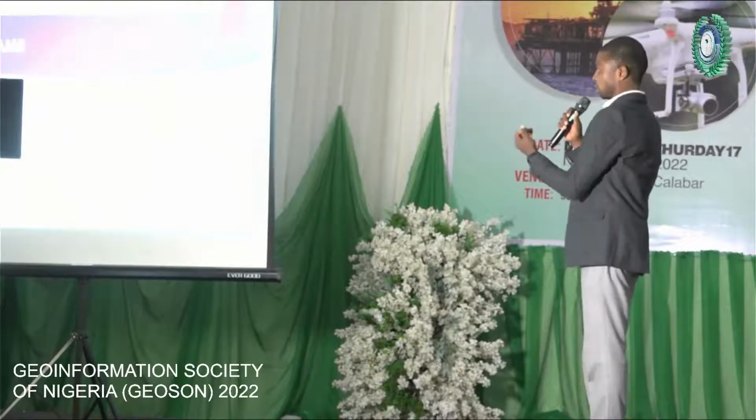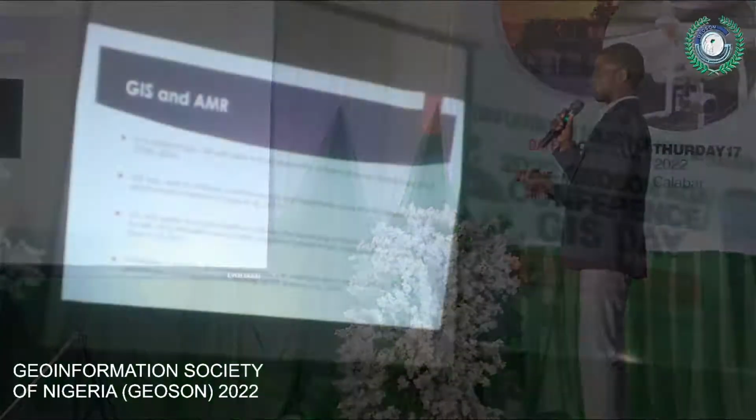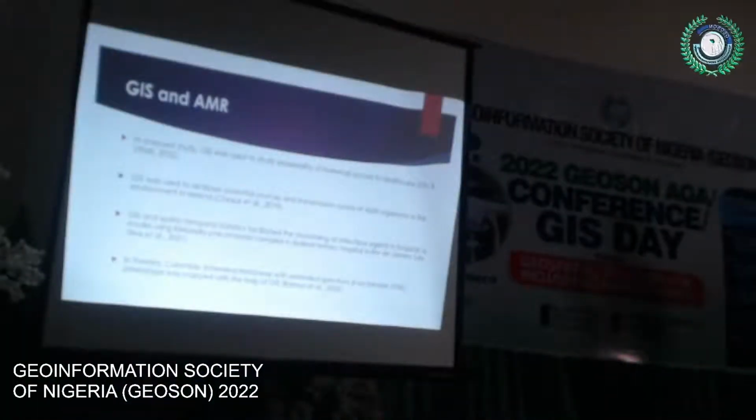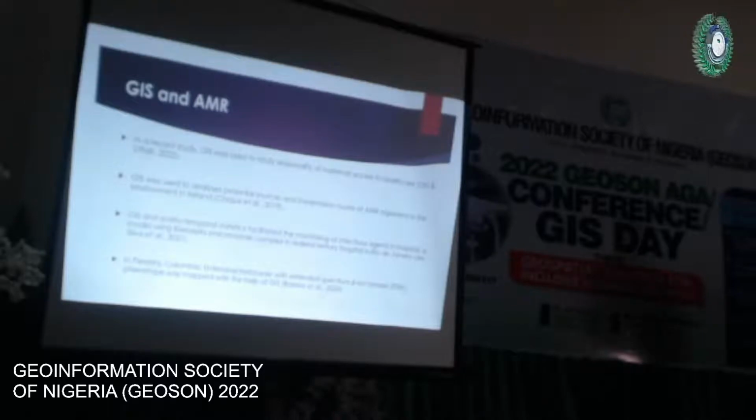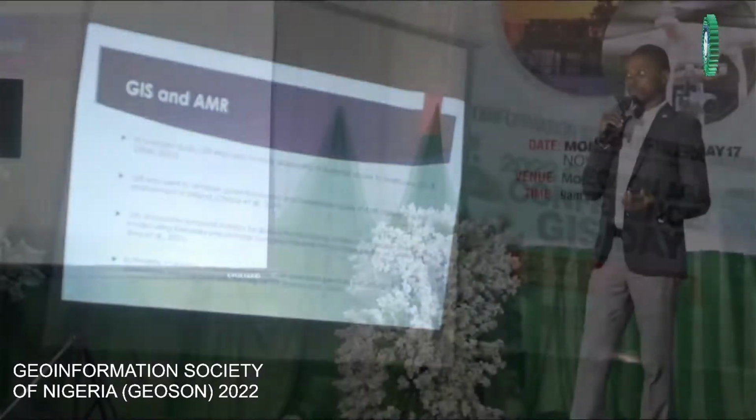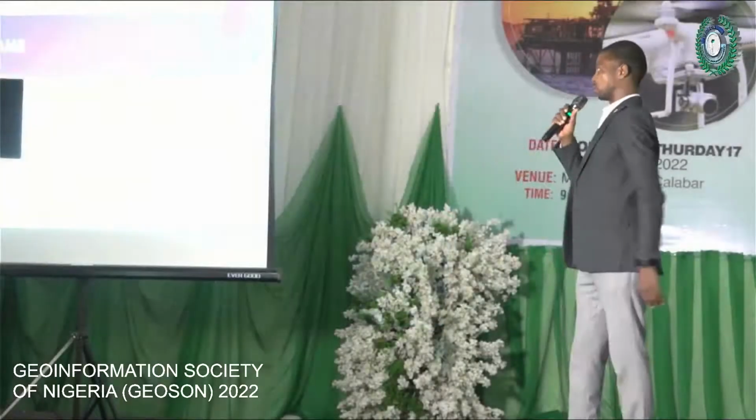And we also saw that there are 3 other papers that have introduced the use of geospatial techniques. The first one was in Ireland, the second one is in Rio de Janeiro, Brazil, and the last one took place in Colombia. So with all this, we don't have such a paper in Nigeria, and this happened to be the first, and also the first in Africa.